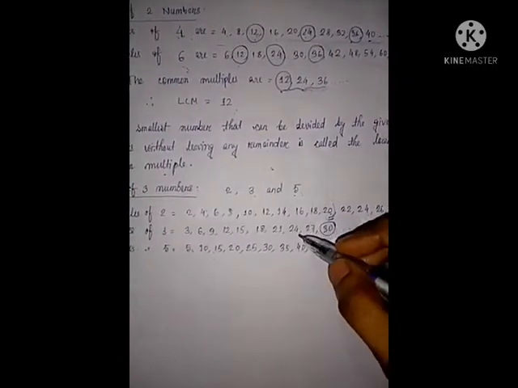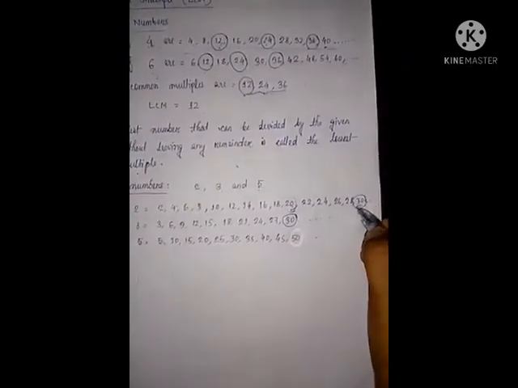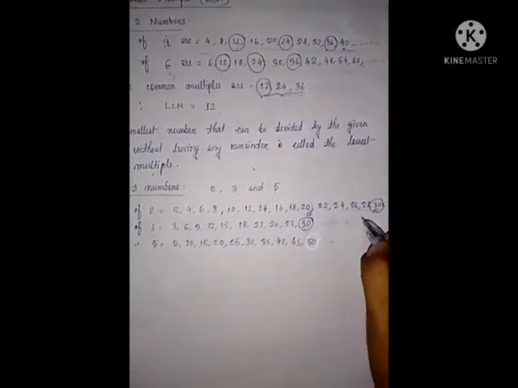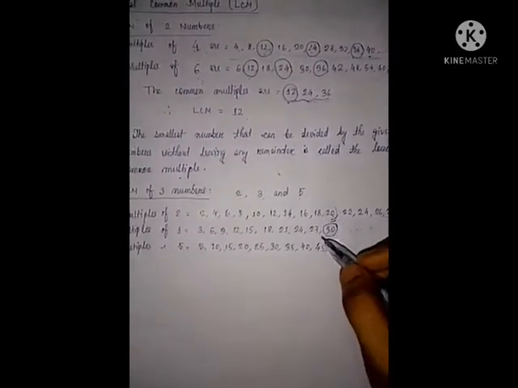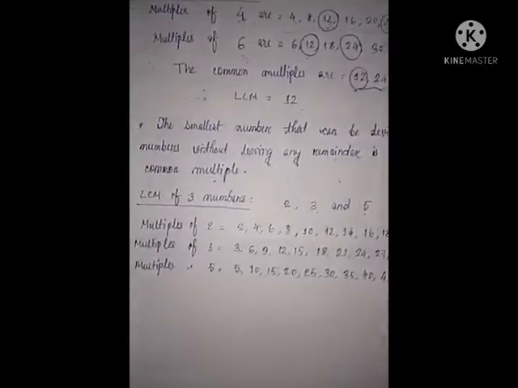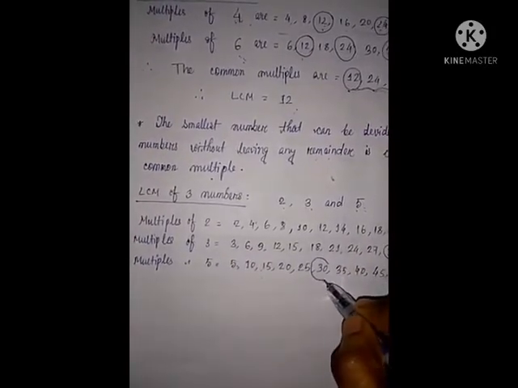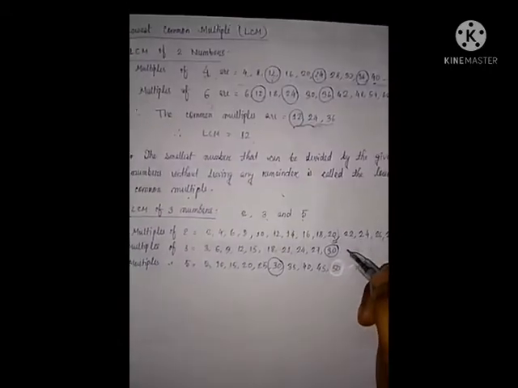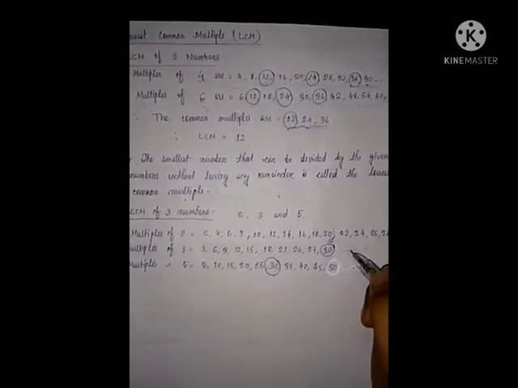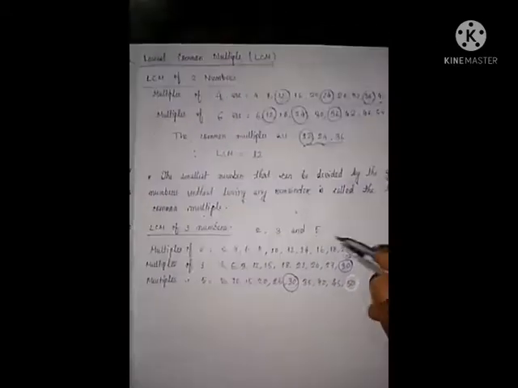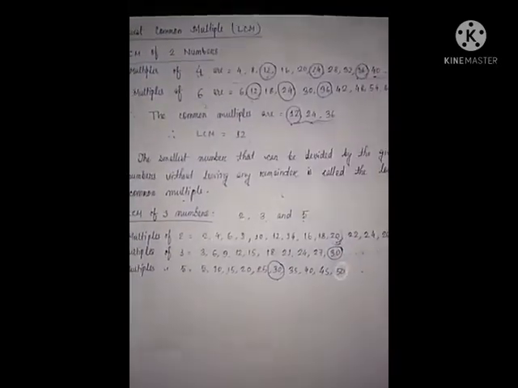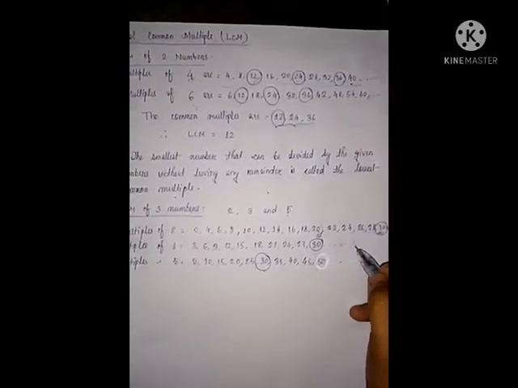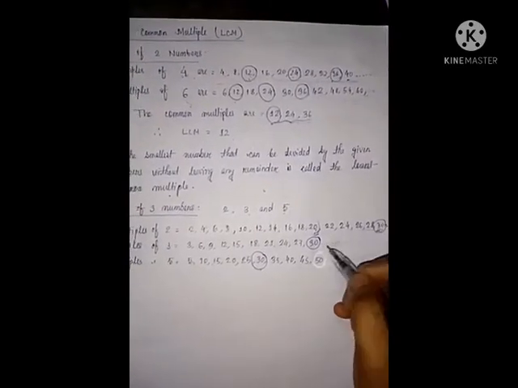See, only one number is common in all the 3 numbers. 30 is present in the multiples of 2, 30 is present in the multiples of 3, and 30 is also present in the multiples of 5. If we write further multiples of these 3 numbers, we will get very many, but for better understanding and to make it easier, it's enough.